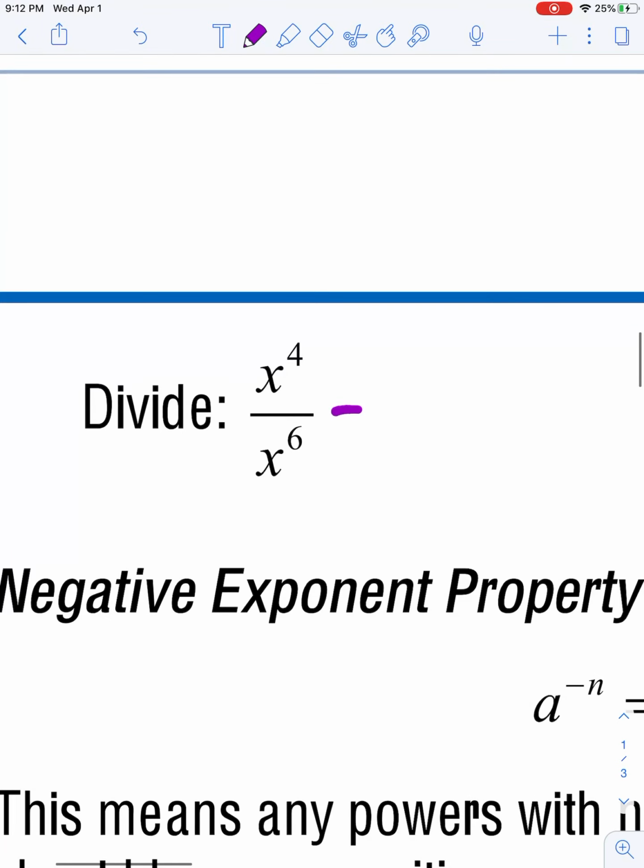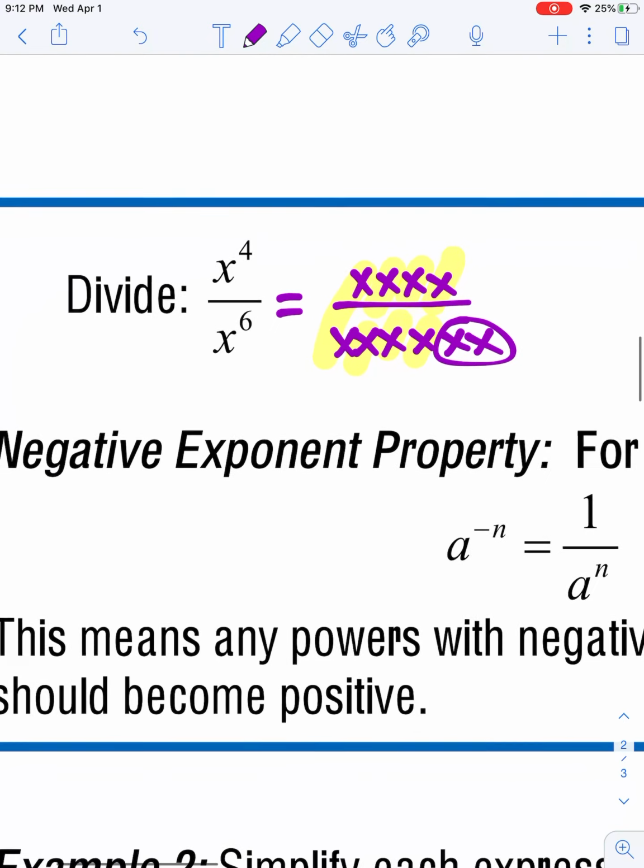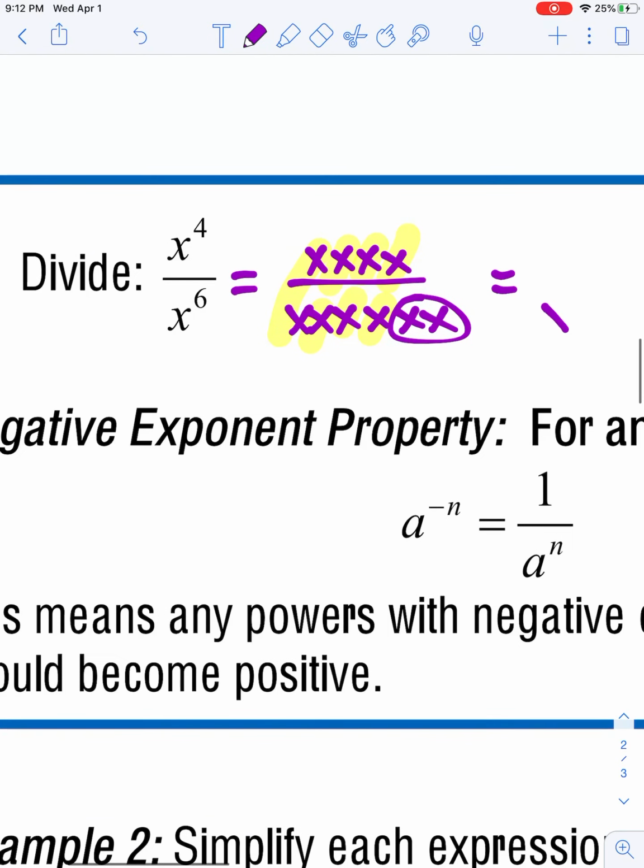If I write this out the long way, x to the 4th power is x times x times x times x, so 4 times. And x to the 6th power is multiplying x by itself 6 times. So if I cancel an x on top with an x on the bottom, and another, and another, and another, I'm left with 2 x's, and they are on the bottom.